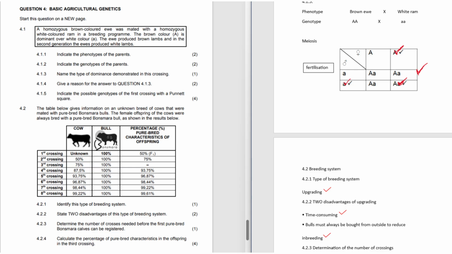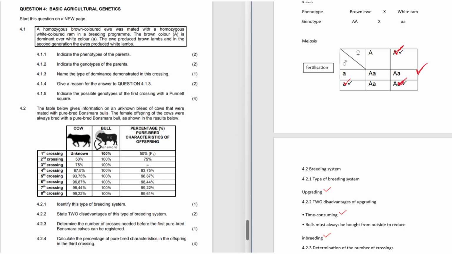So a lamb is an offspring, or we can say it's a progeny. Progeny is the same term as offspring. Progeny just means offspring.